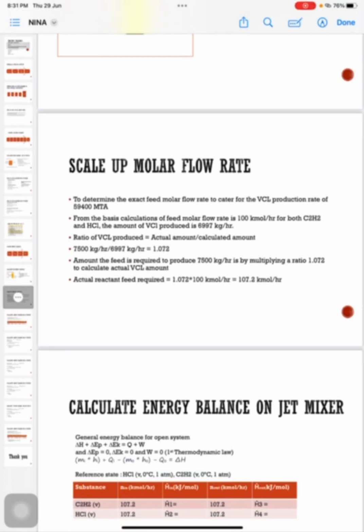Scale up the molar flow rate. As we know, we just assumed 100, so we have to know the exact feed flow rate. From the basis calculation, the feed molar flow rate is 100 kmol per hour for both acetylene and HCl. The amount of VCl produced is 6,997 kilogram per hour.